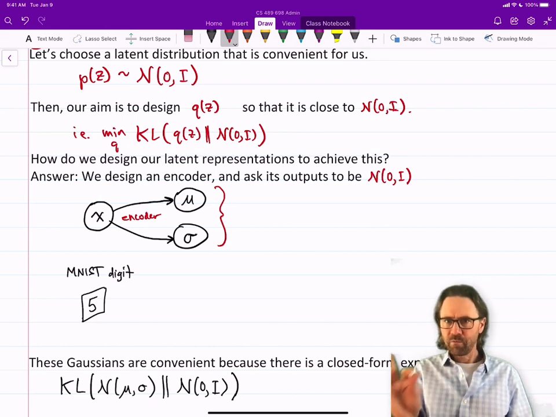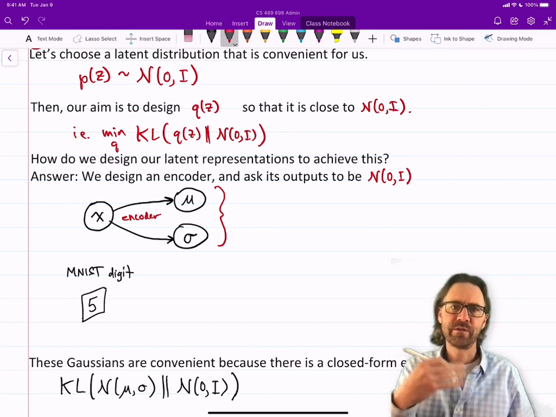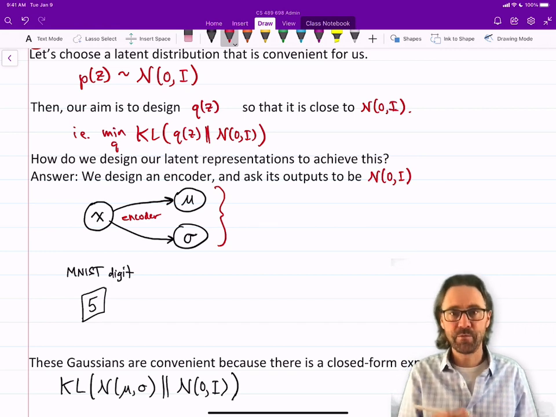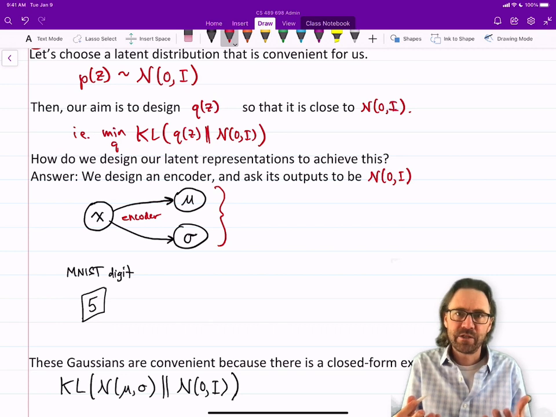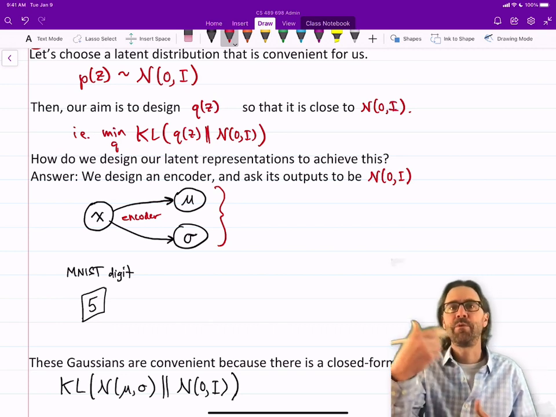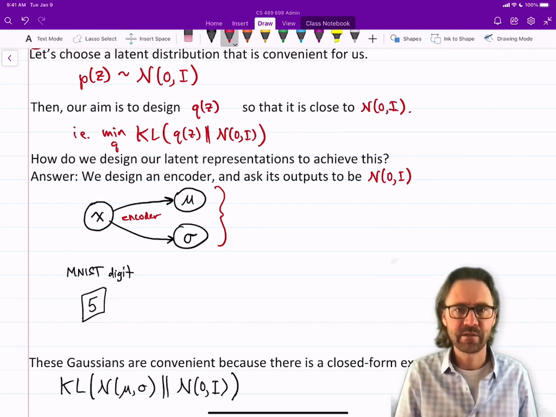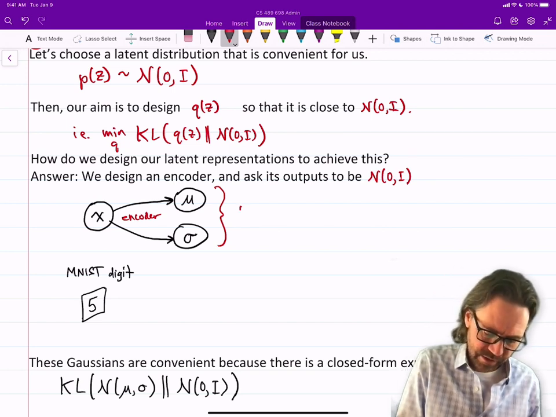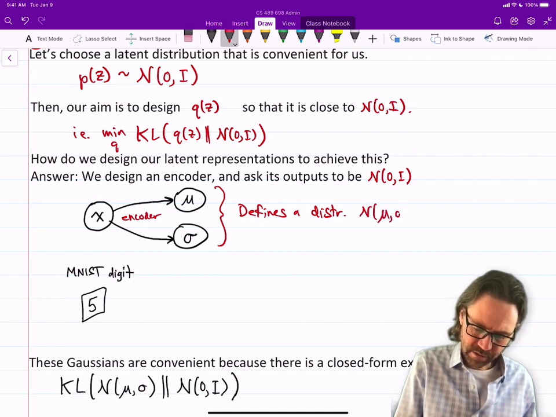We'll talk about the standard normal in a minute. Right now, we want it to output some normal distribution, and for the time being, its distribution is going to be defined by two different things that it outputs. It's going to output a mean, mu, and a covariance, sigma. So this defines a distribution, normal mu, sigma.